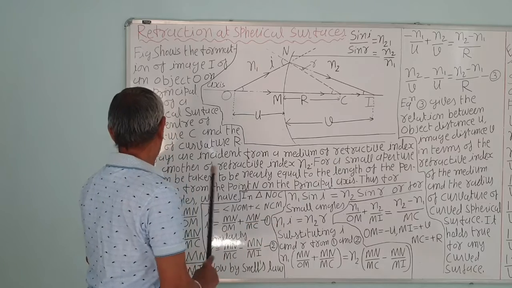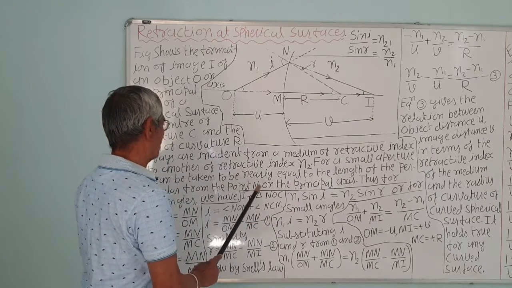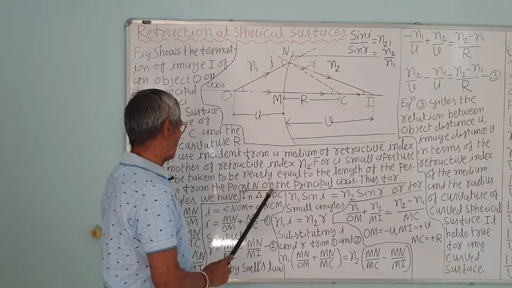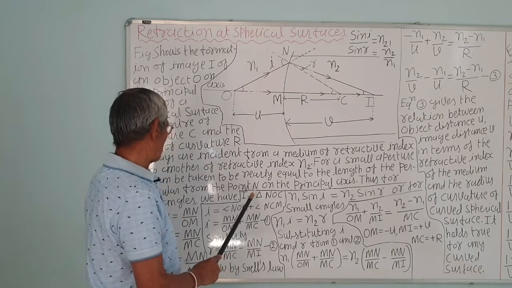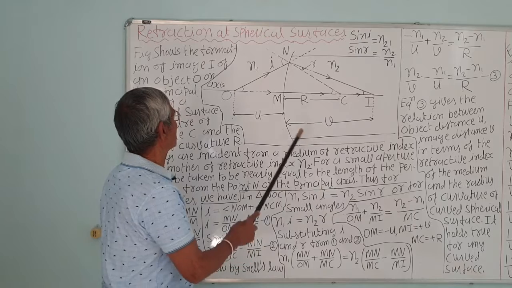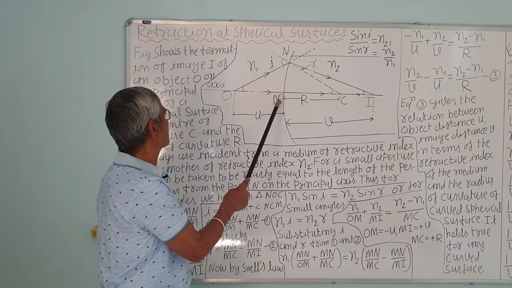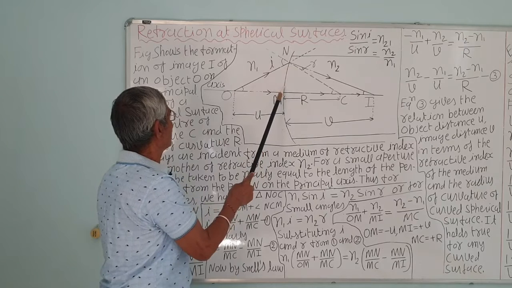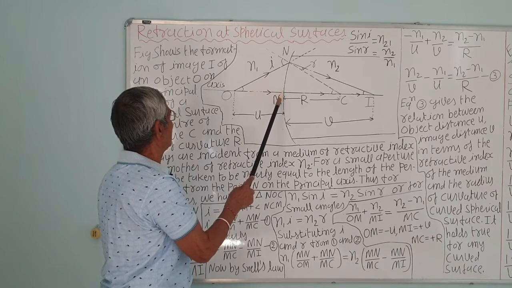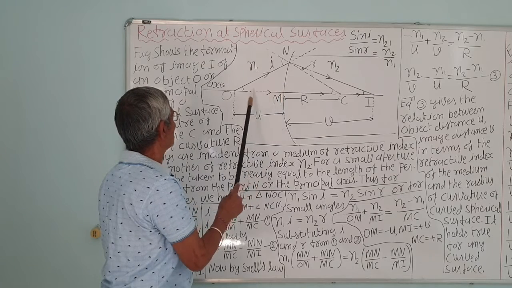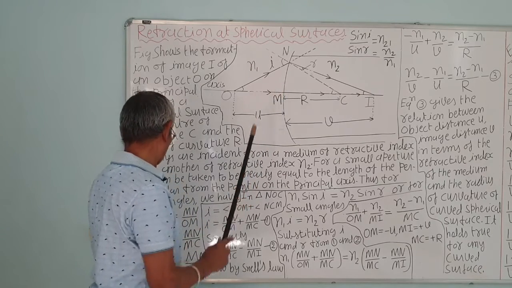For a small aperture, NM can be taken to be nearly equal to the length of the perpendicular from the point N on the principal axis, as we assumed previously. I have shown it bigger for your convenience of study. If point N is very close to M, then this could be considered as a perpendicular drawn from N on the principal axis, this NM.